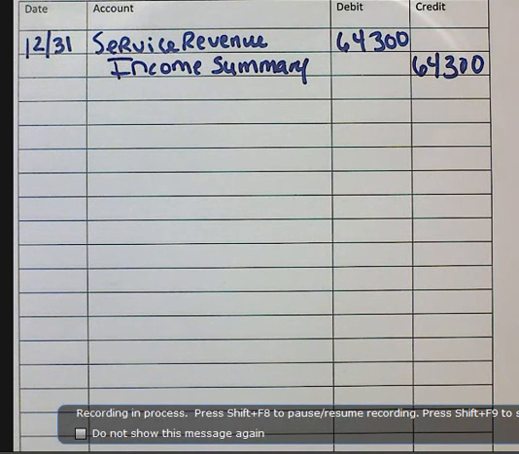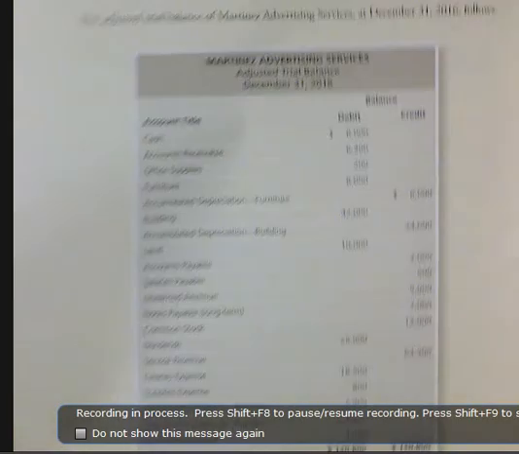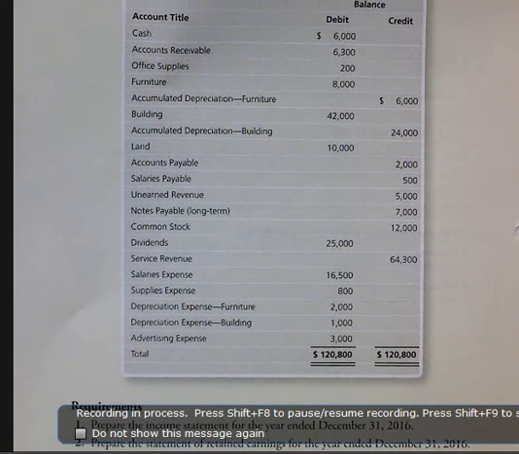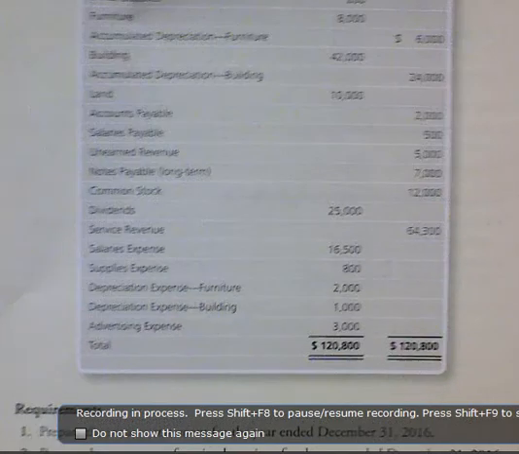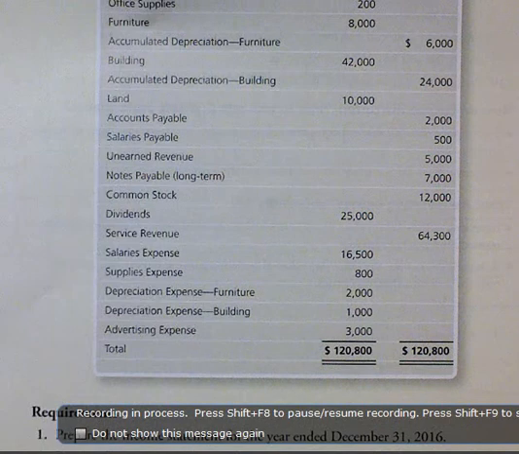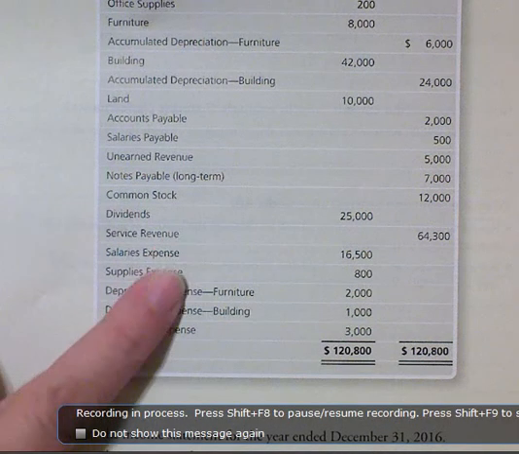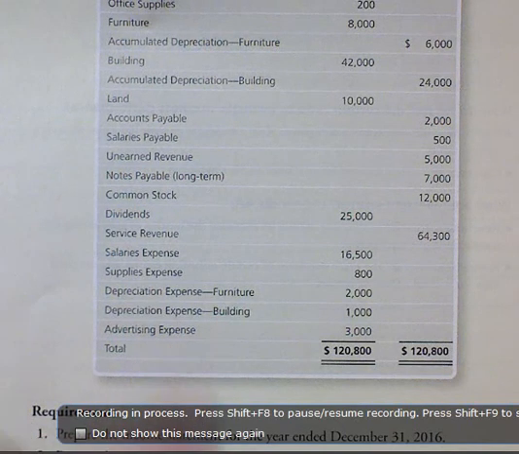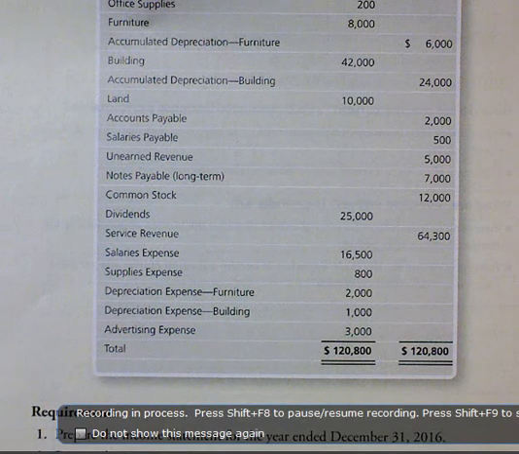I'm going to skip the brief explanation. So the next thing I'm going to do, if we go back to our adjusted trial balance, I'm going to close out all of these expense accounts. Okay, and all of these expense accounts have debit balances, so I would close them out by making credit entries to each expense account.